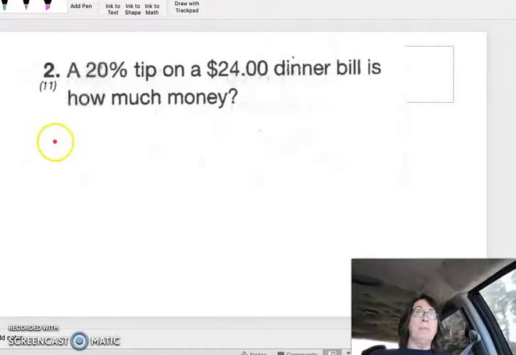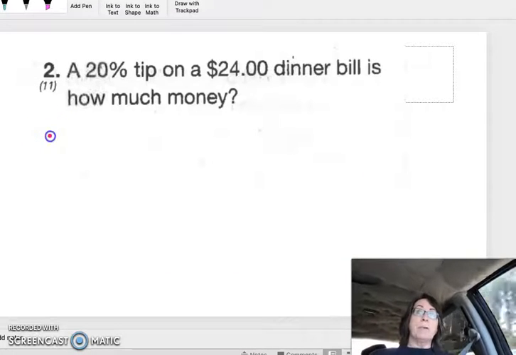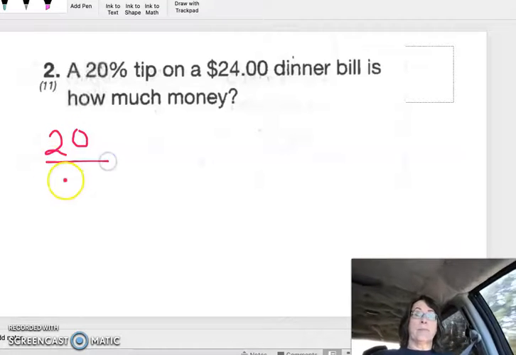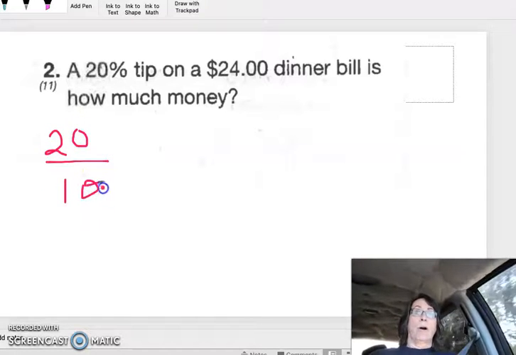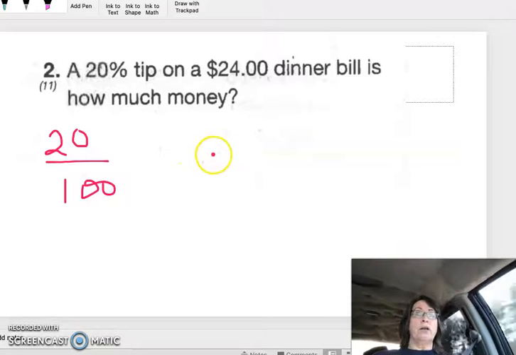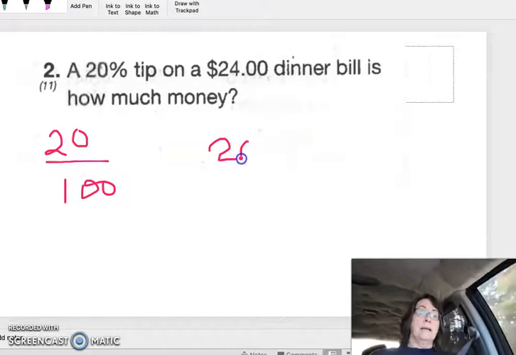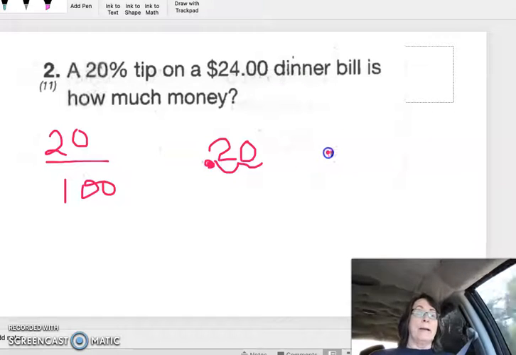Okay, a 20% tip, so 20% could be 20 100ths, or 20% could be 20 with the decimal place moved over to, which is 0.20 or 0.2.